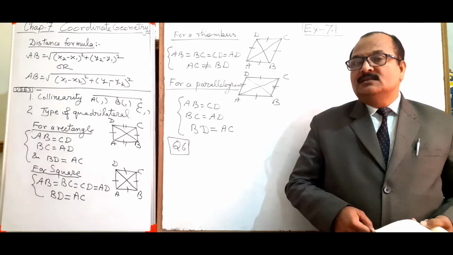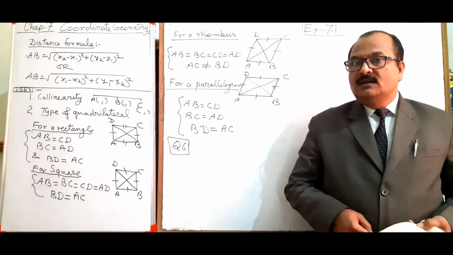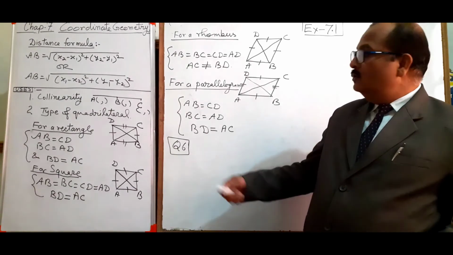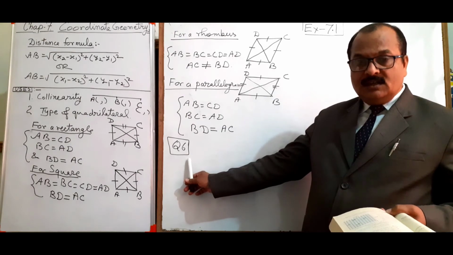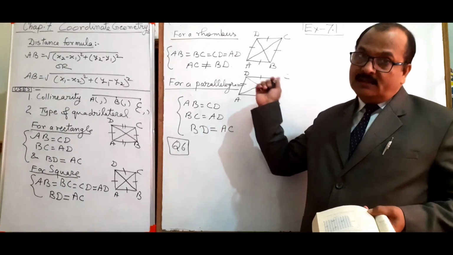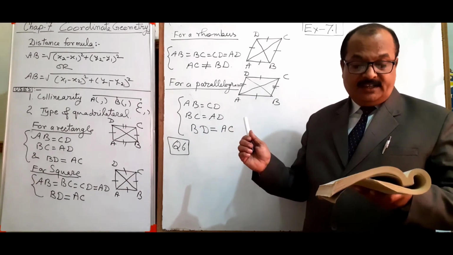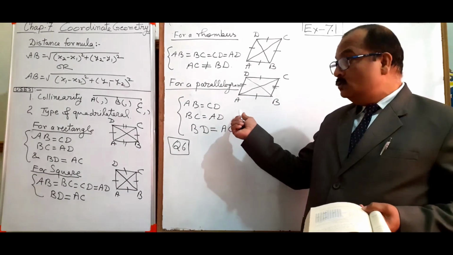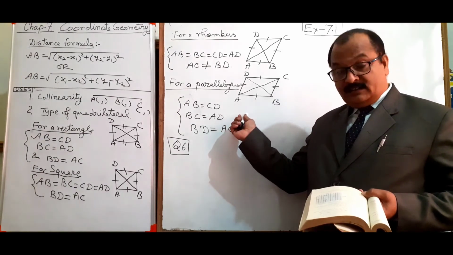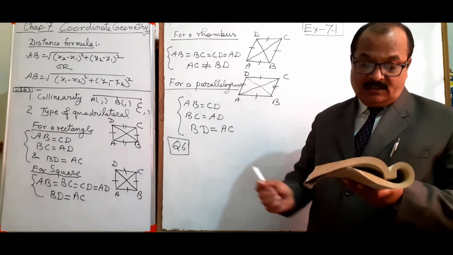So students, as you know the formula for distance, here you have to calculate all these distances. In question number 6, you have to calculate all the side lengths as well as the diagonals in each and every case. There are 3 cases given, so find the distances and decide accordingly.